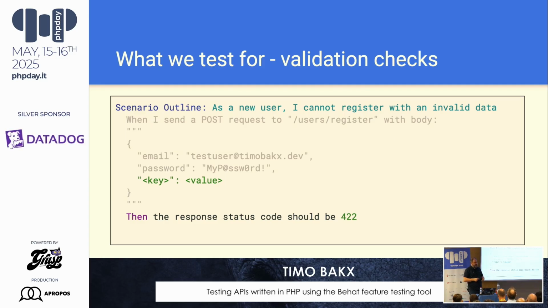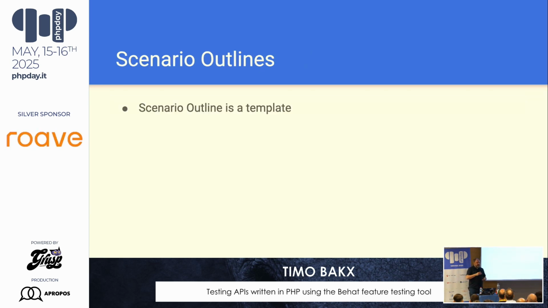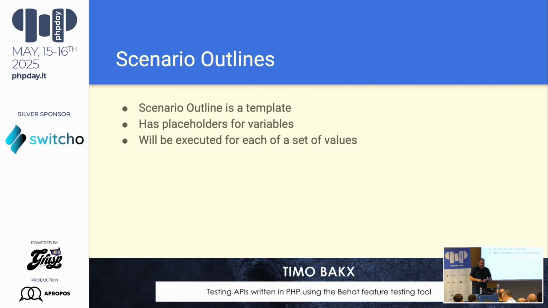This placeholder allows us to run this scenario multiple times with different keys and values, and you assign those as examples in the same test. This way, this test will be run multiple times, once for each example that you have. So the scenario outline is a template, and it has placeholders for variables, and each variable will be one execution.